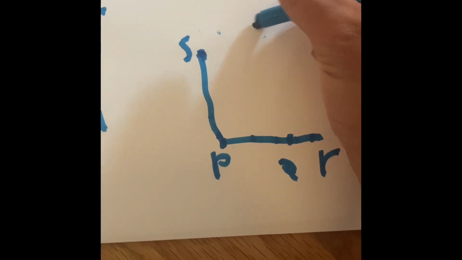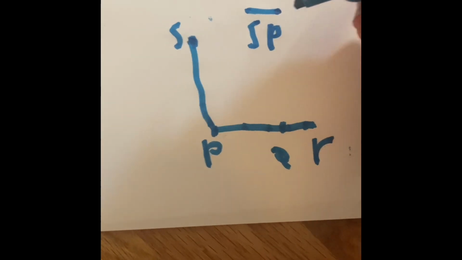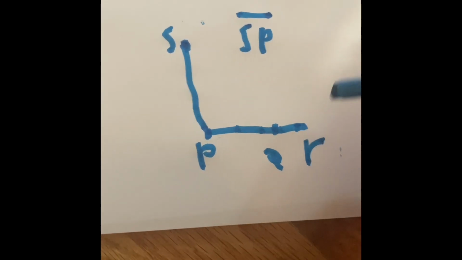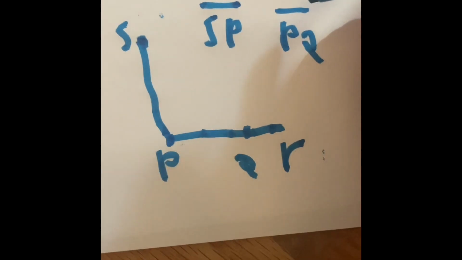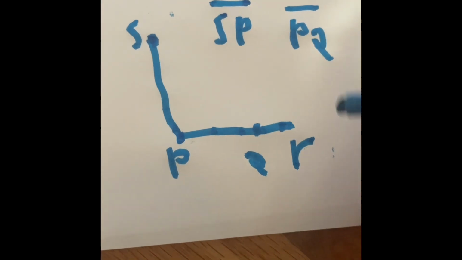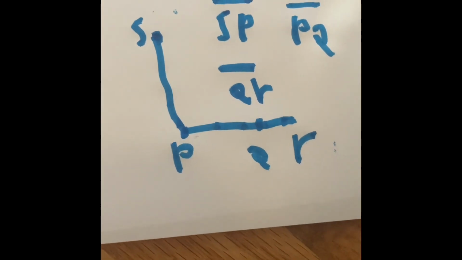We can actually name it. We're going to write segment SP. PQ can be a segment. Segment PQ. The line on top represents a segment. And we can say segment QR as names, and much more.